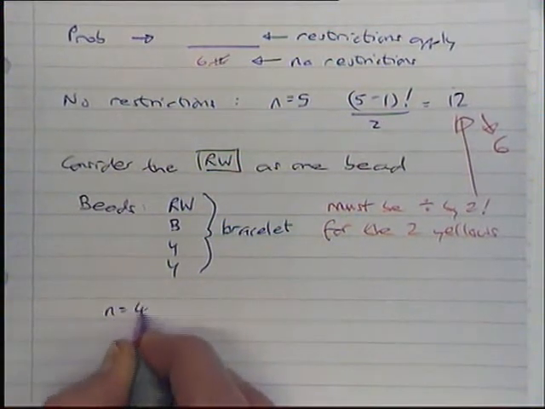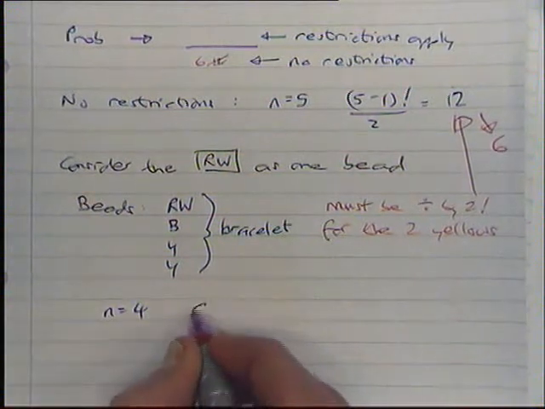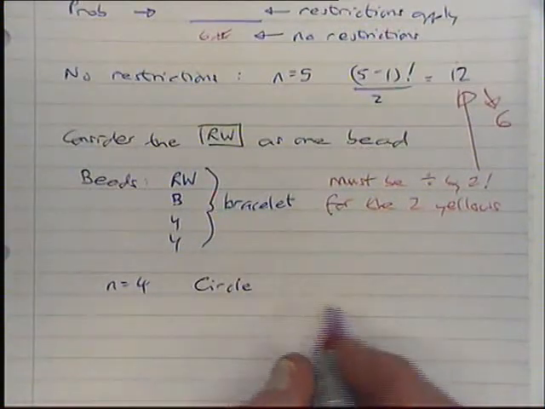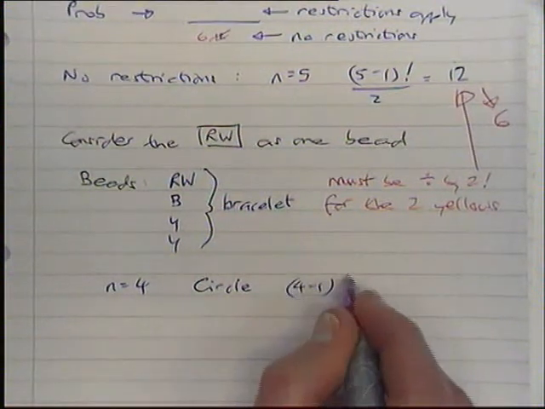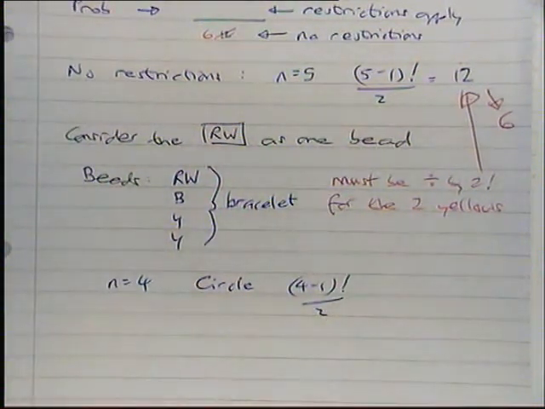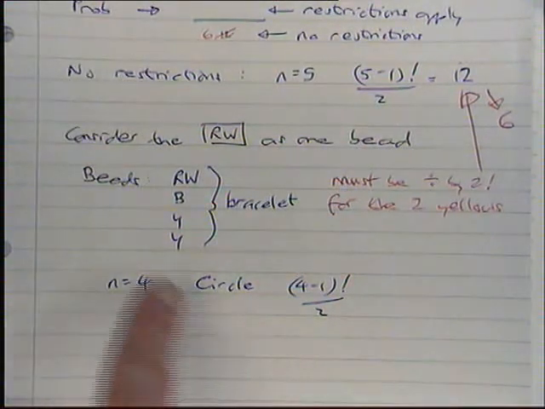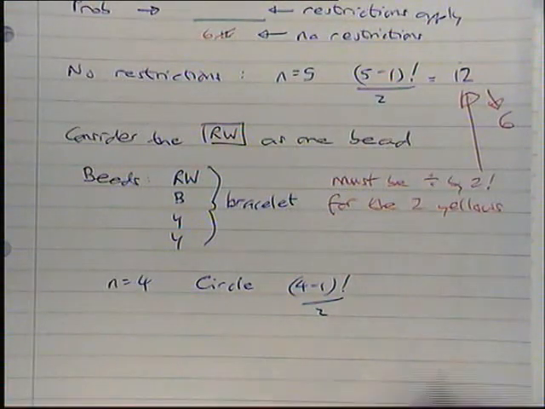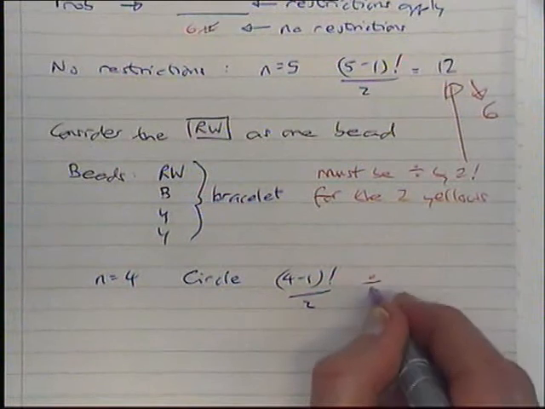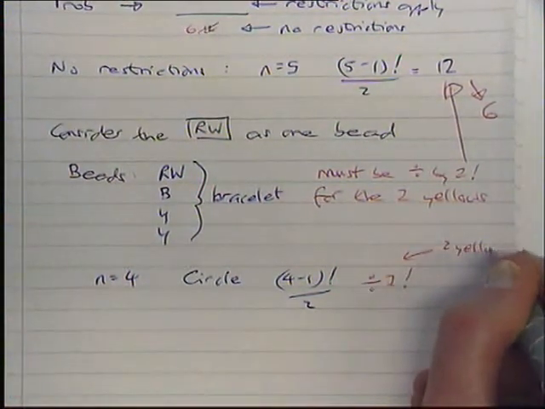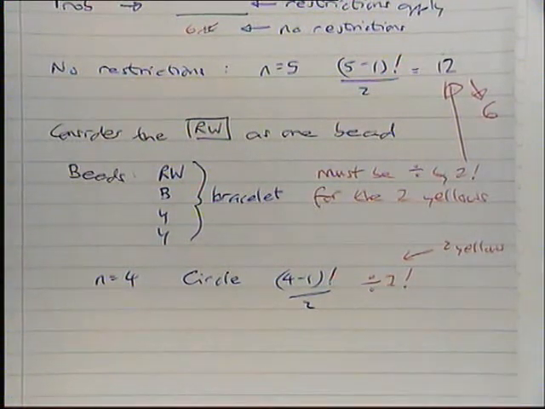So we've got 4 things on our bracelet, so now n is equal to 4. What's the arrangements on a circle formula going to give us here? 4 minus 1 factorial. And this time I mustn't forget, I need to also divide that by 2 factorial because of the 2 yellows. So that will give me the top number in my fraction.